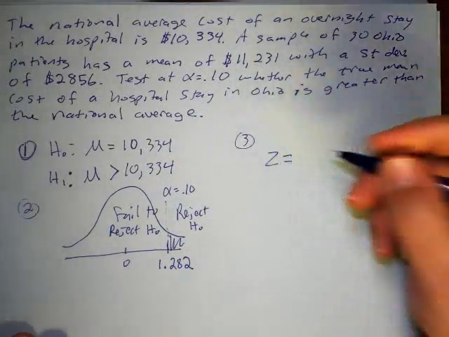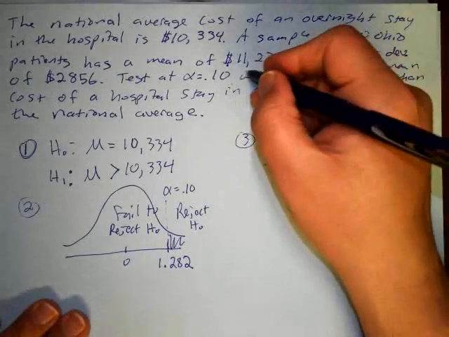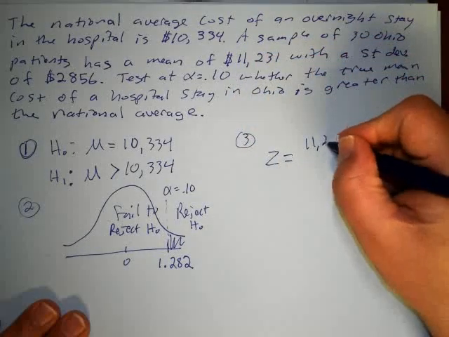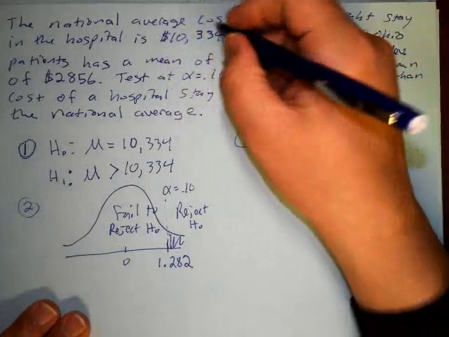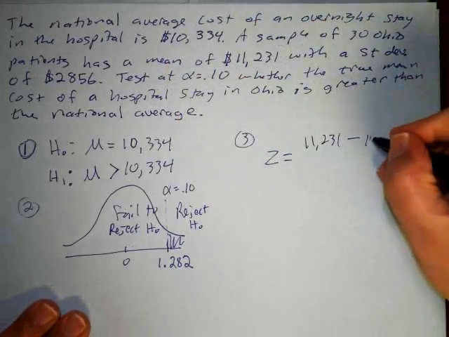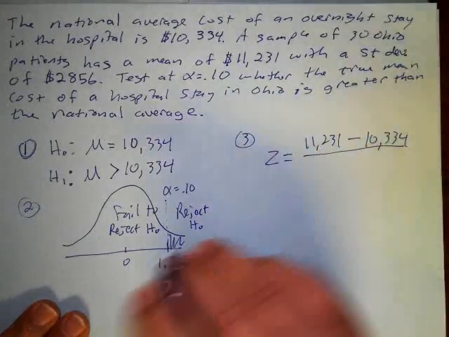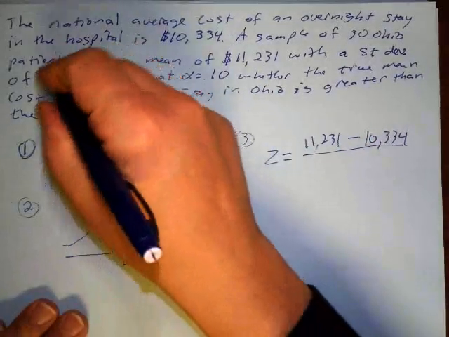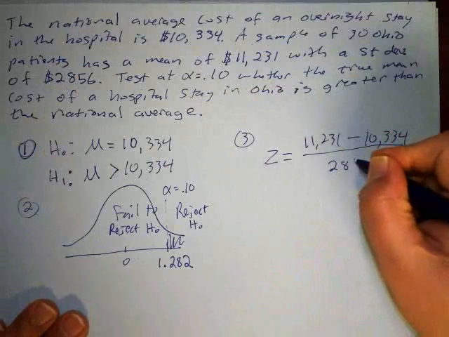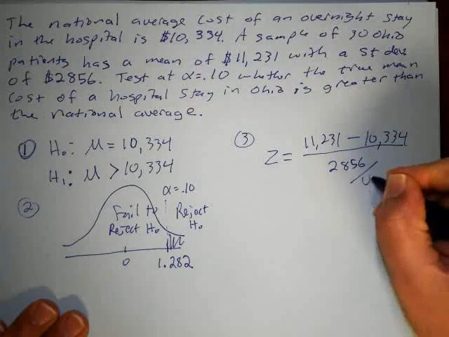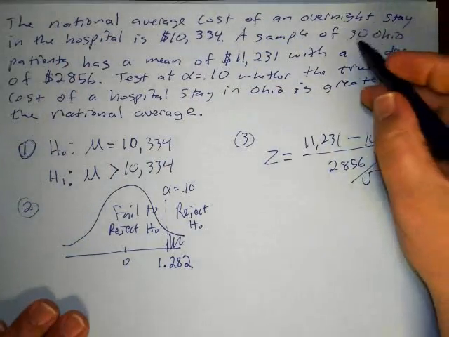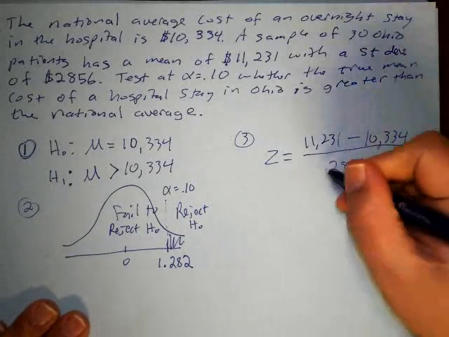Now my test statistic. My sample mean is 11,231. Subtract the hypothesized mean, 10,334, and divide that by the sample standard deviation, 2,856, over the square root of 30 patients.